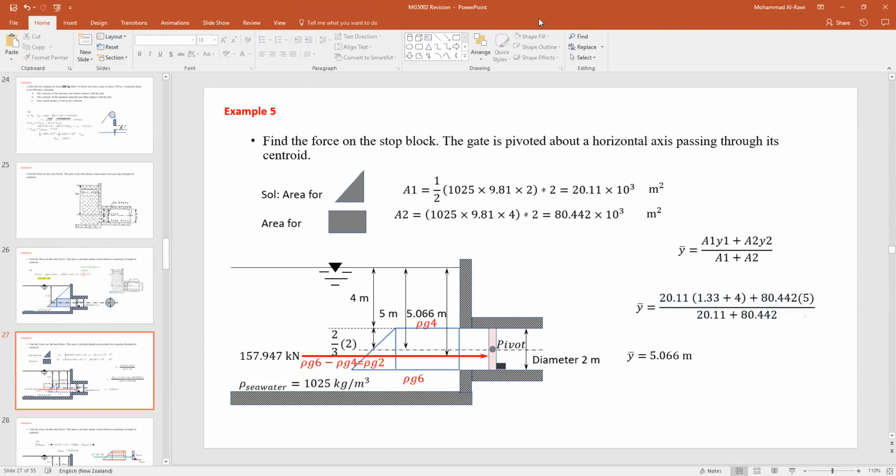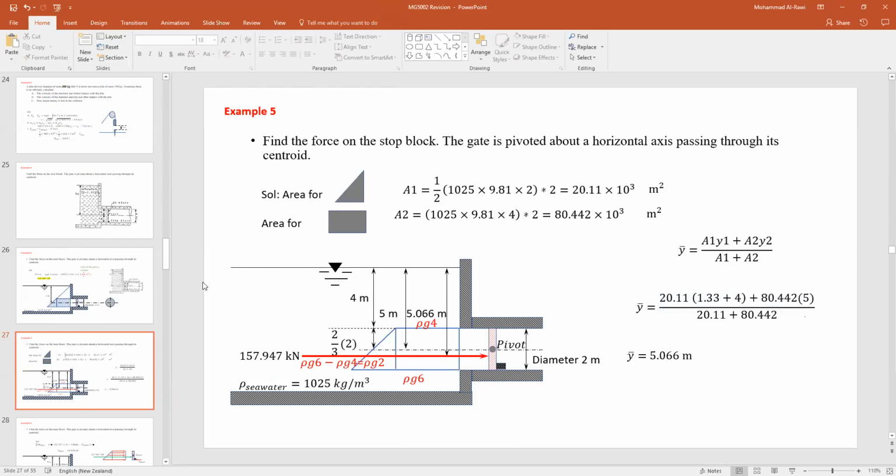Are you guys with me, or are you a bit confused? I know it's a bit of a funny question, but I'll try to solve it for you so at least you know. Now what's the centroid here for this one? So the first one, y1, represents 2/3 times 2, and then all of that goes to the height.